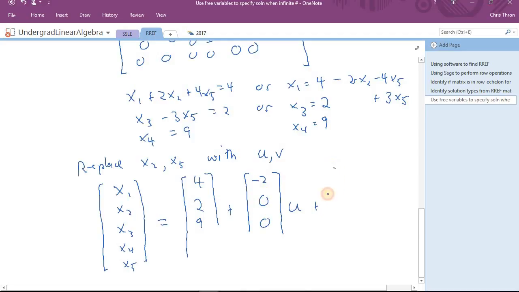Okay. Then last one here, I've got a v. All right, v is what I substituted for x5. So I have a minus 4 here, and a 3 here, and a 0 here. Okay. So I have my three equations for x1, x3, and x4.